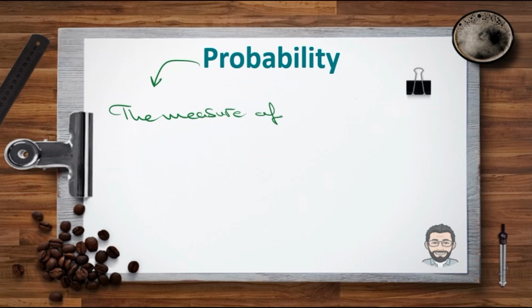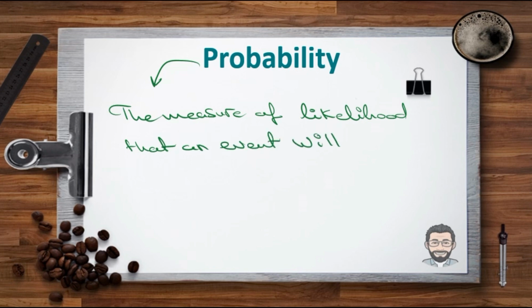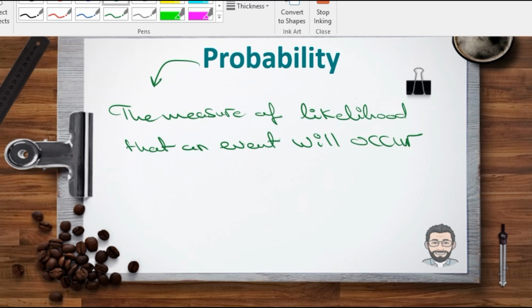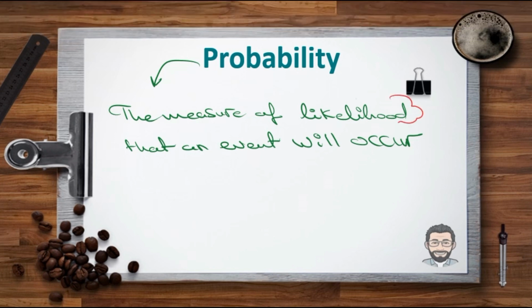No. So it's the measure of the likelihood. Okay, likelihood of what? That an event will occur. Don't forget. So what is the main word in this definition? Yes, great, the likelihood.